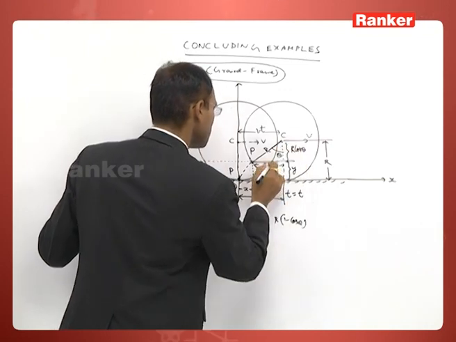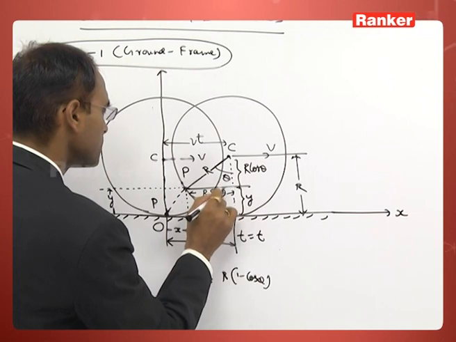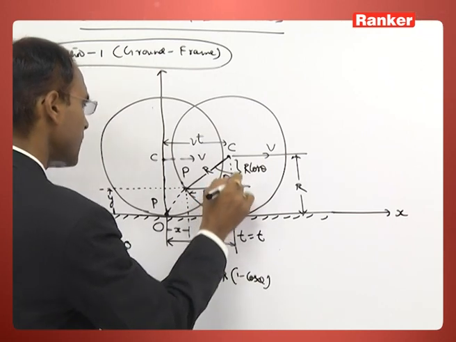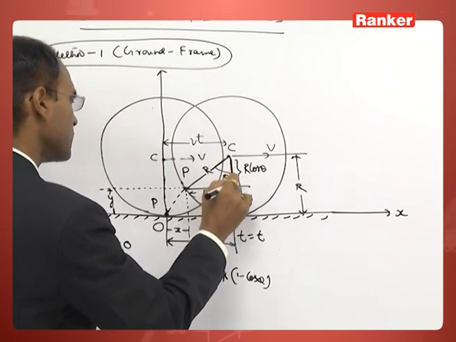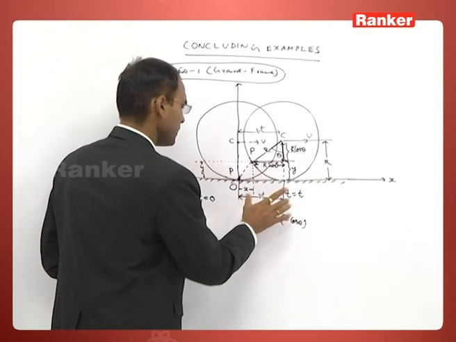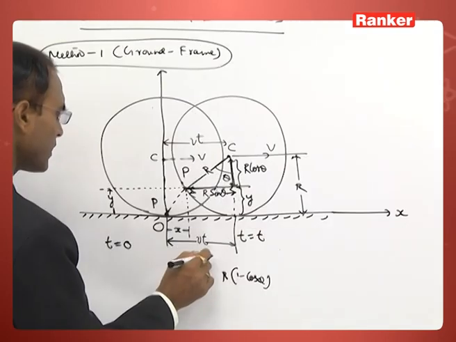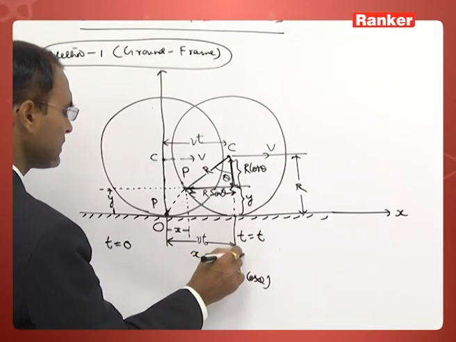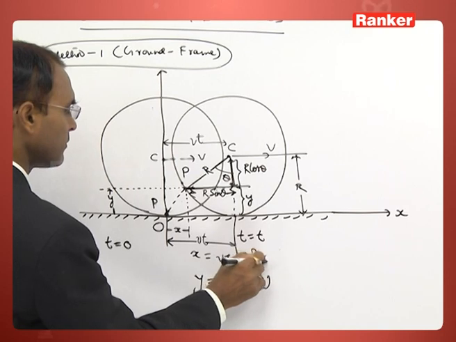Now, this is r cos theta, this is r sin theta, and this distance is vt. Therefore, x is equal to vt minus r sin theta.